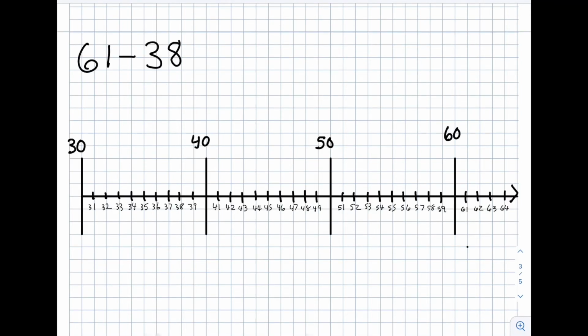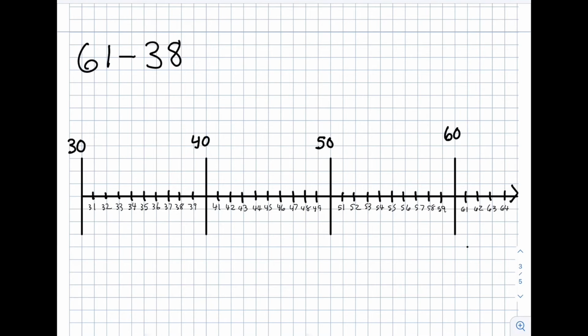Let's do another example. This time let's start with the mental work and then draw it on the number line to see why it makes sense. So if I want to mentally subtract 61 minus 38, I might want to make the 38 into 40. So I added 2 to the 38, so I'll need to add 2 to the 61, turning it into 63 minus 40. 63 minus 40 is 23.